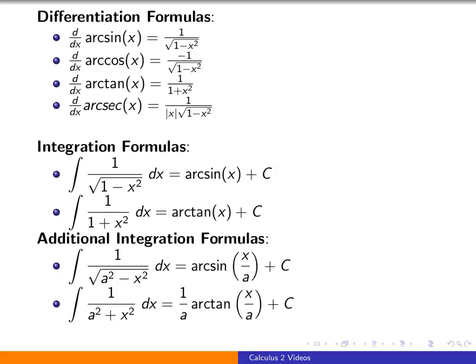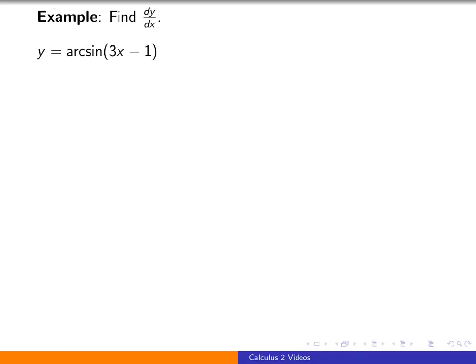So let's investigate a few examples with differentiation. Let's start off by differentiating arcsine of the quantity 3x minus 1. As a reminder, since this is something that we encounter frequently, the derivative of arcsine is 1 over the square root of 1 minus x squared.